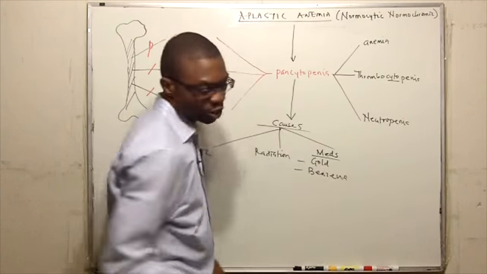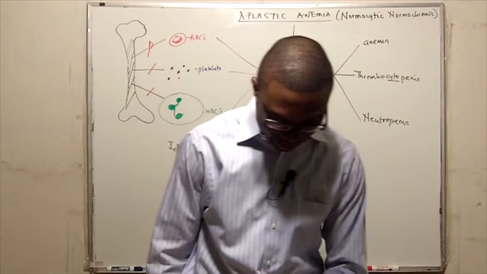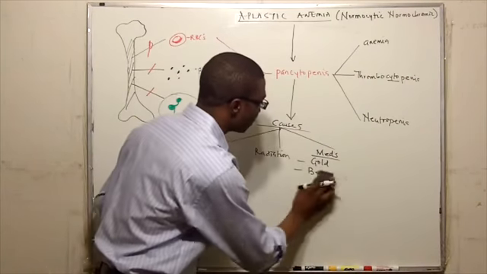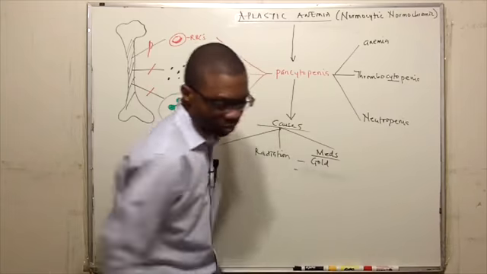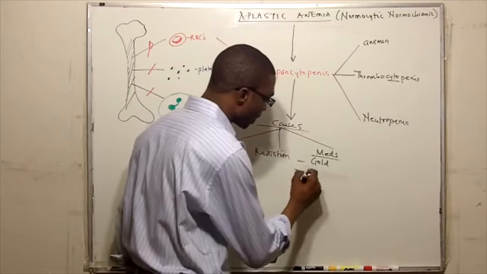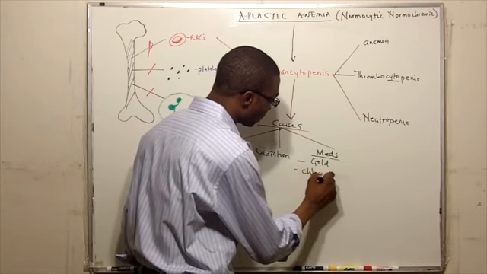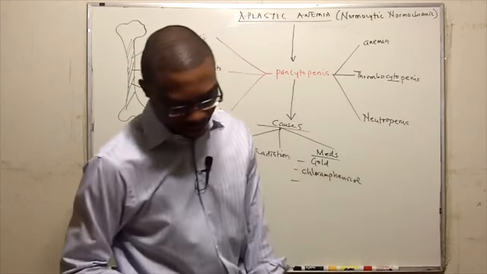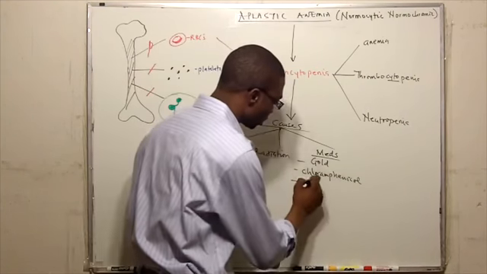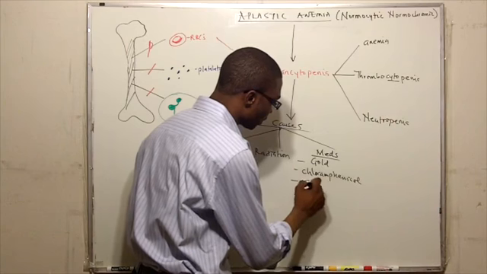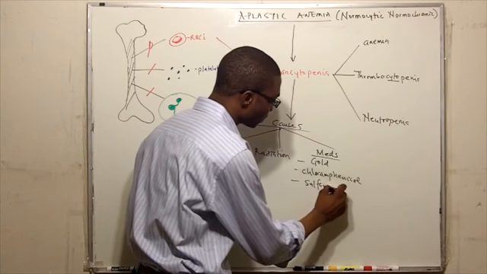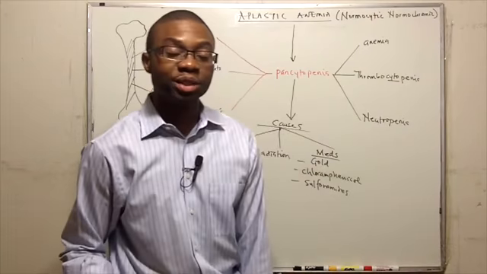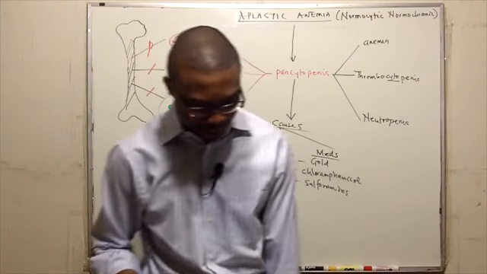Also chloramphenicol, which we don't use anymore. Chloramphenicol is an antibiotic. Also sulfur drugs, sulfonamides. Sulfur medications can predispose you to develop aplastic anemia.